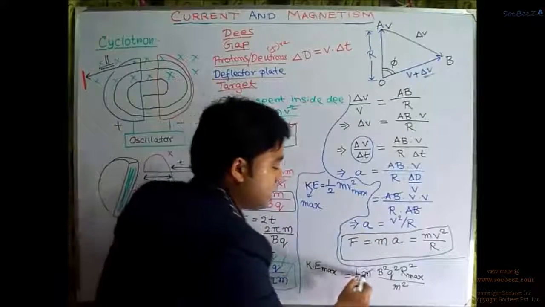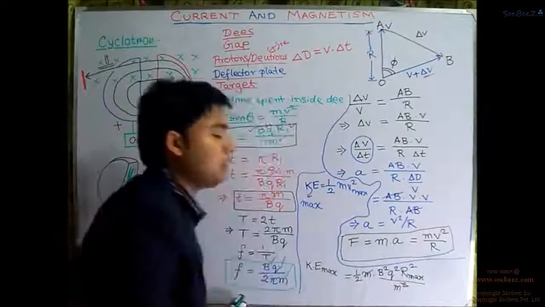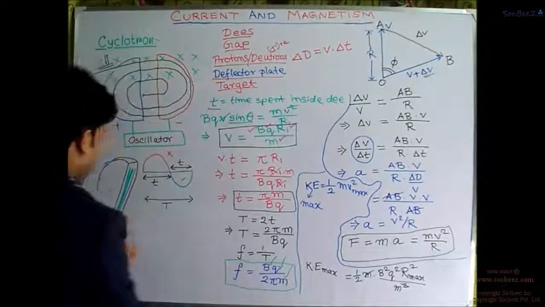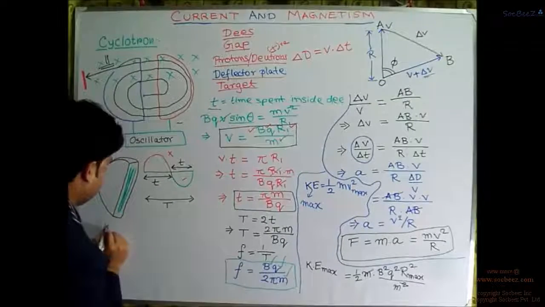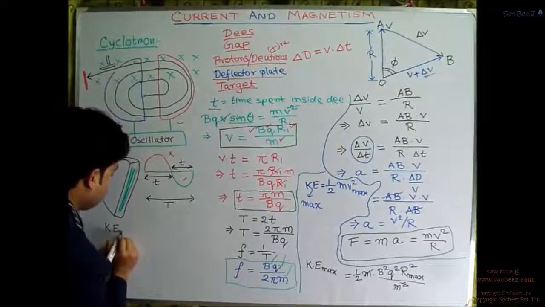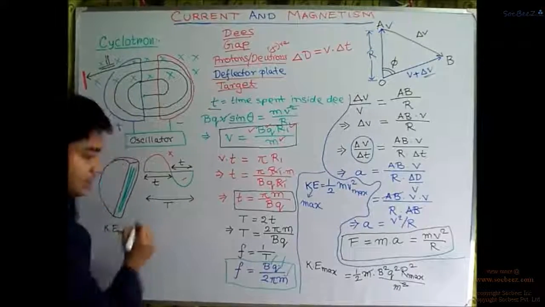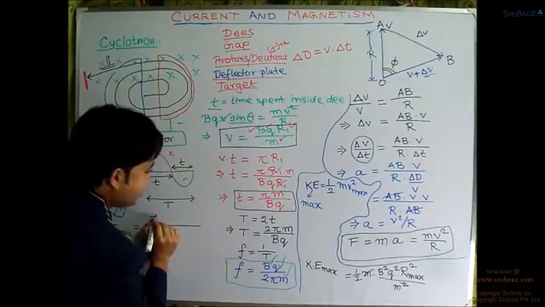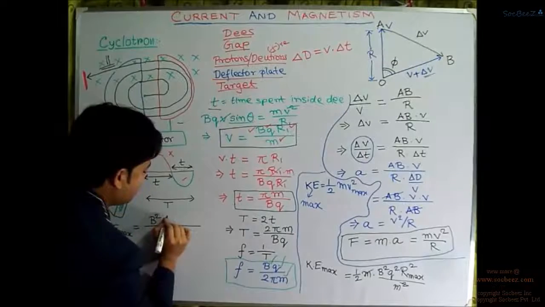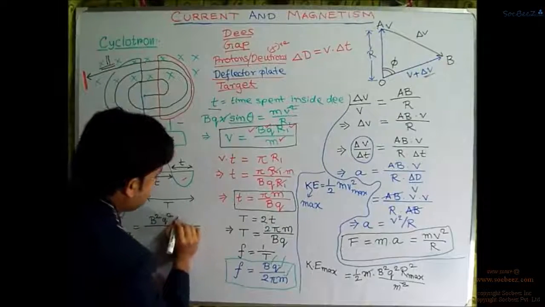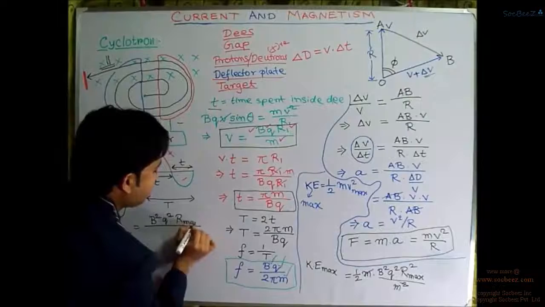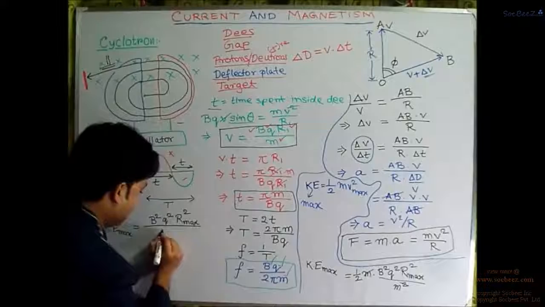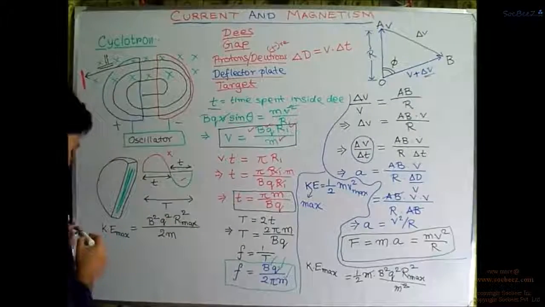Now we can see that this m cancels out in the denominator, leaving only one m. So the maximum kinetic energy is simply equal to B square Q square R max square divided by 2m.